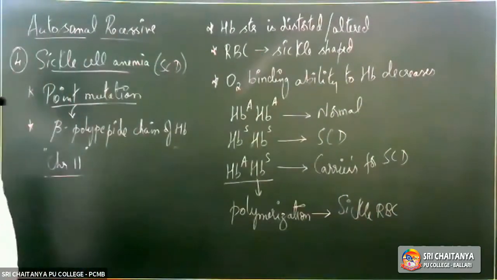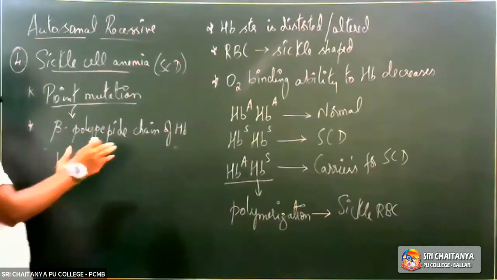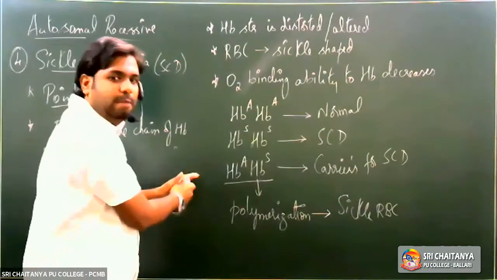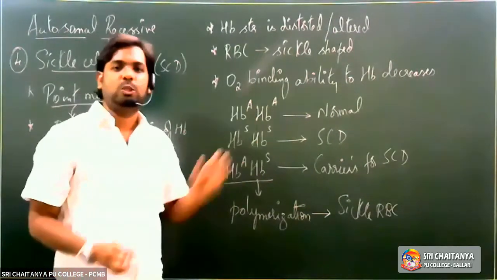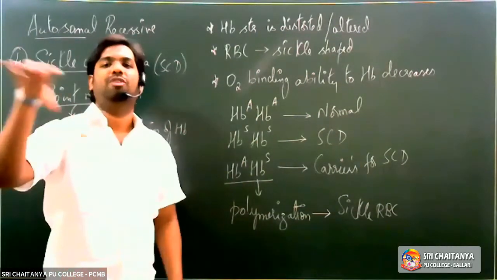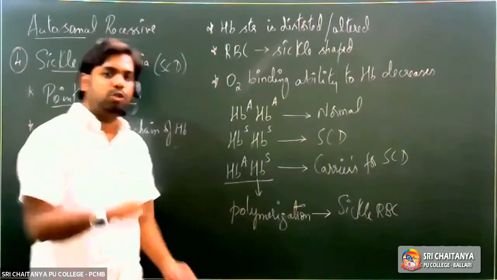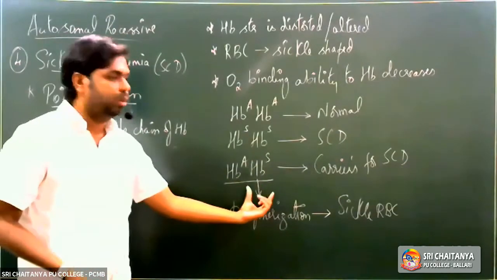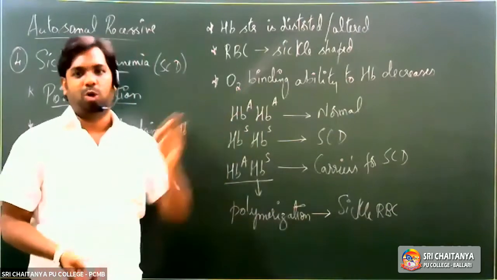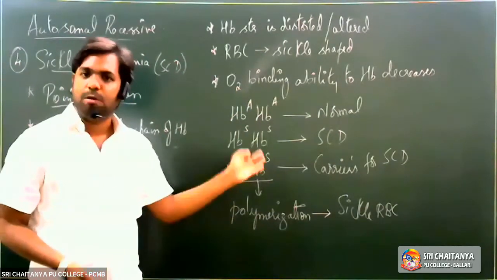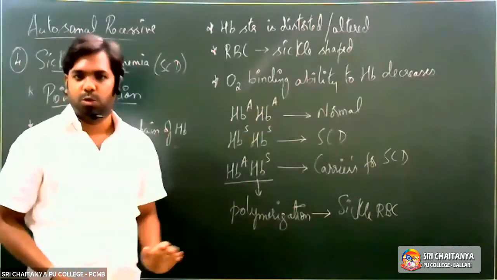So what exactly is happening? As long as these individuals are carriers at a place where there is enough oxygen availability, in those places this individual will produce normal hemoglobin molecules, and thereby normal RBCs are also being produced.